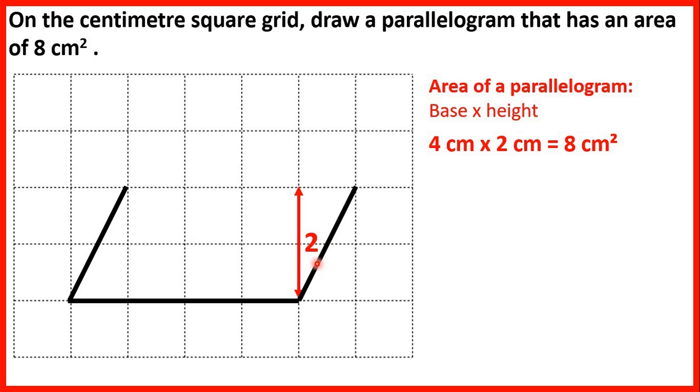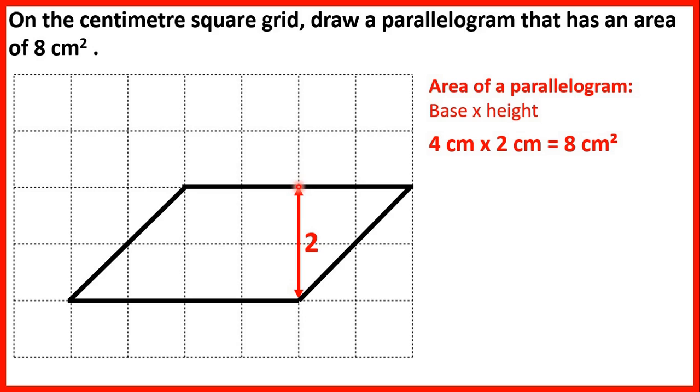So remember, parallel lines, lines that if we extend them will go on forever without ever crossing. So then we can just join up our points and we have a parallelogram with an area of 8 centimetres squared.